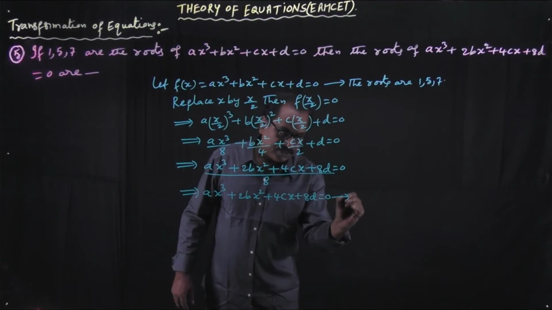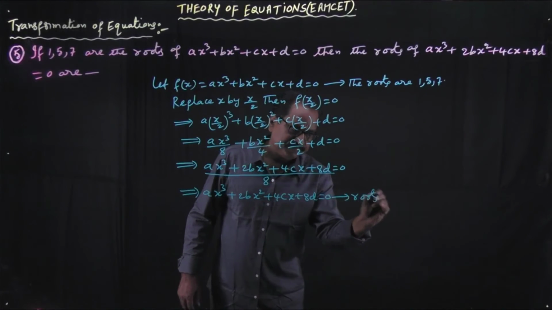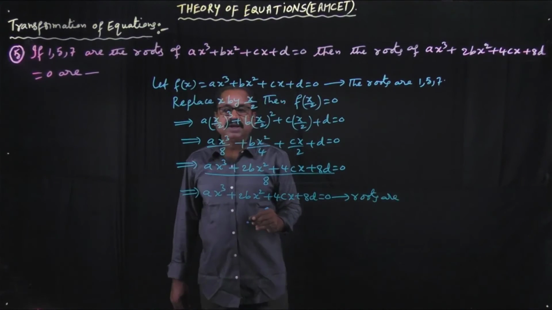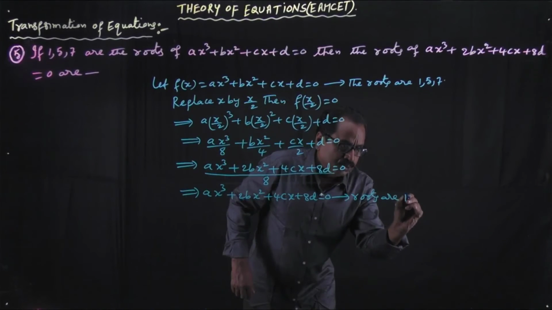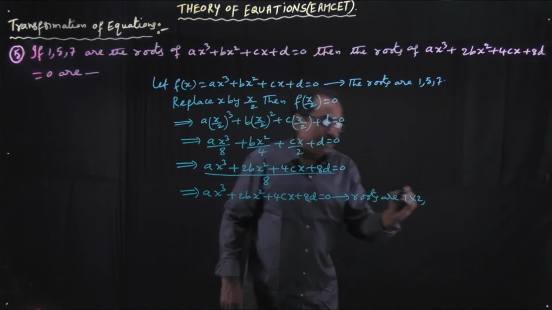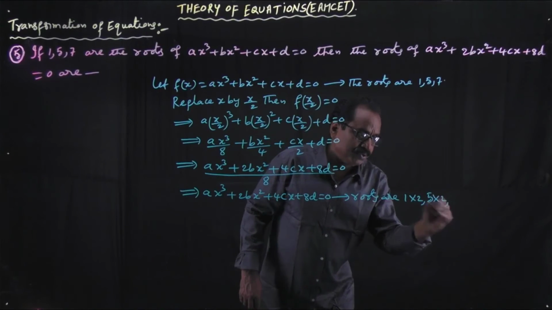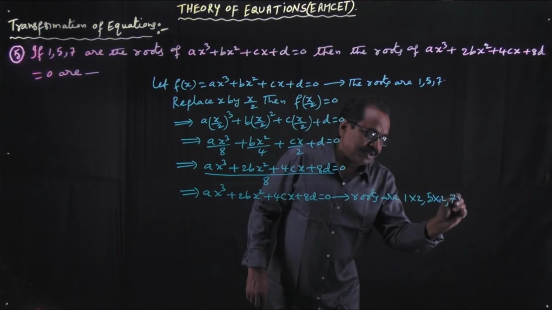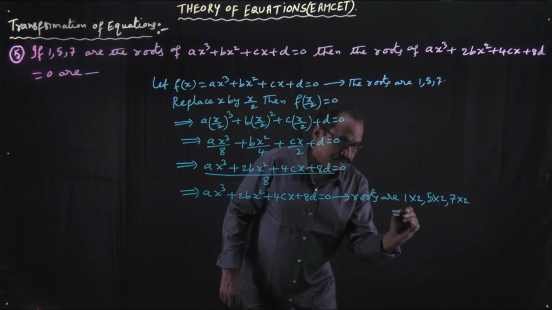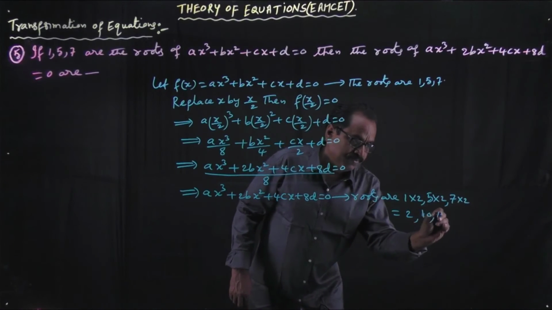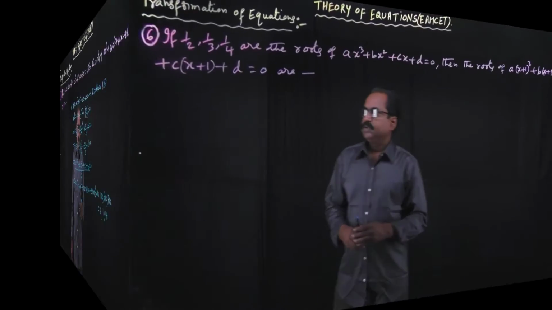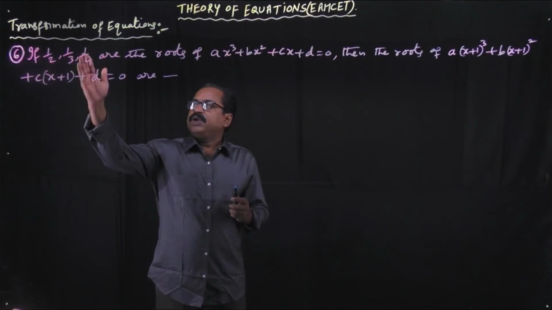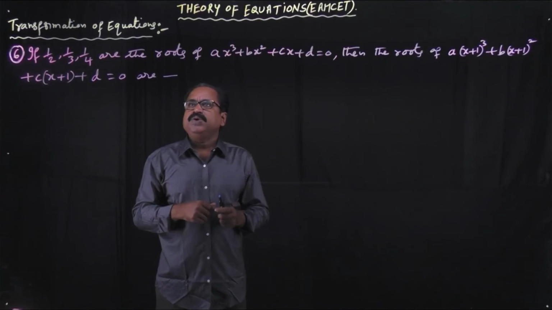So roots are 1 into 2, comma, 5 into 2, comma, 7 into 2, that is equal to 2, 10, 14.